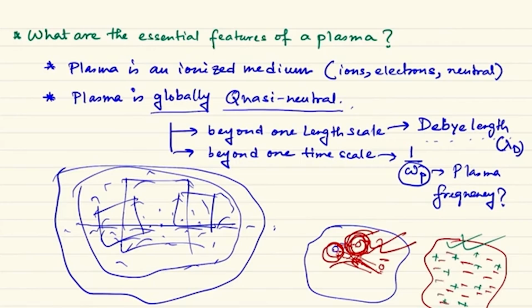And finally you can always see that usually around every single positive ion you can have a cloud of negative charge. So a positive ion is surrounded by a number of negative ions, not negative ions, electrons. It is actually screened by this group of electrons.